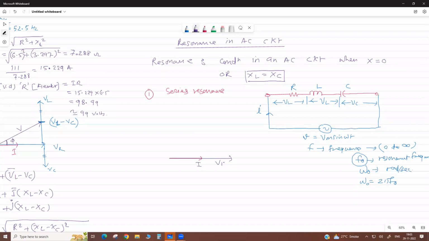It is in phase with current, but due to inductance of the circuit, there is a drop.